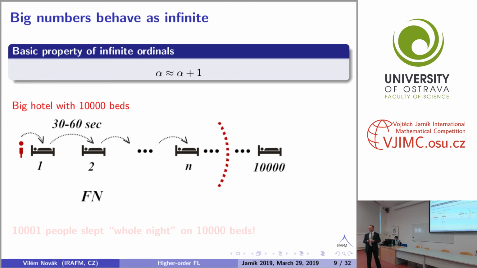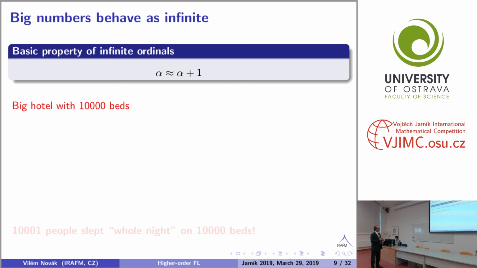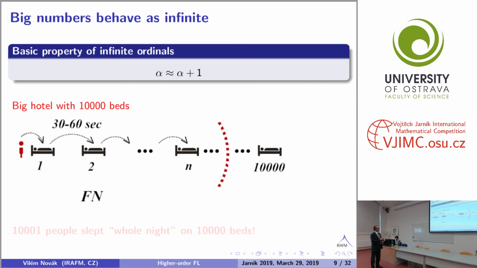But realize that the night has something like 8 hours only, and this procedure may take something like 30 seconds or something like that. So you cannot finish before morning. And what is the conclusion?